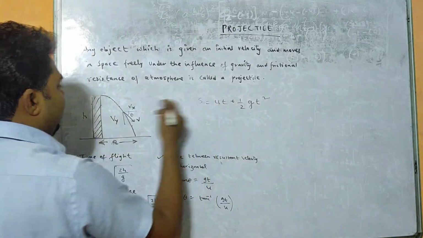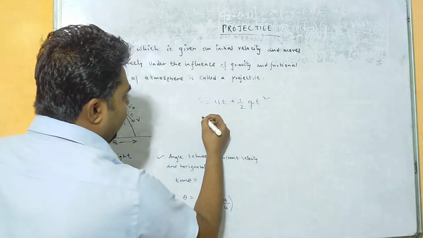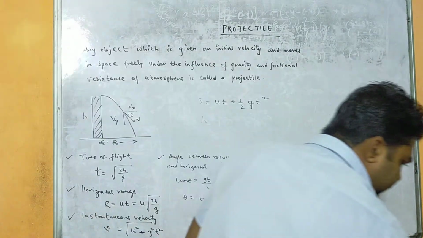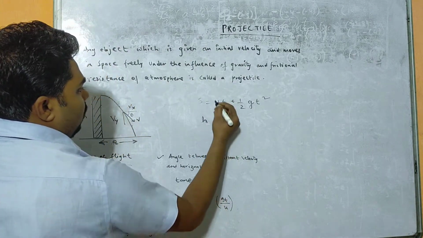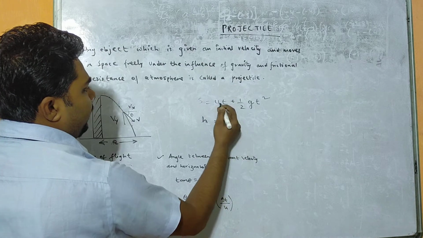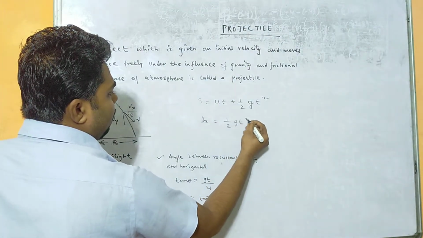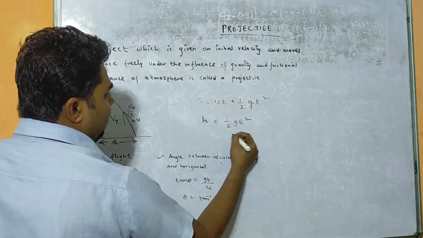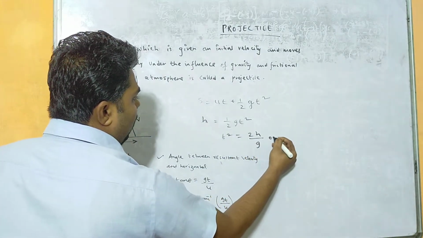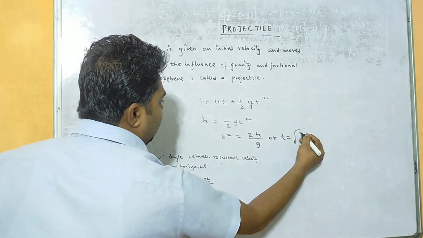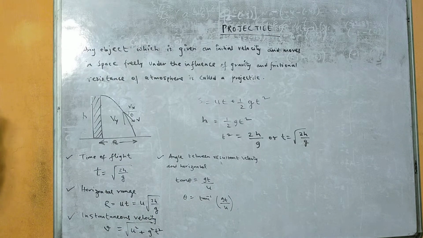And this s is the distance, what is our height? Height is our h. So we will write h equals 0 into t, plus half gt square. Now if you cross multiply, you will get t square equals 2h by g, or t equals root under 2h by g. This is the time of flight, right? This is how we derive it.